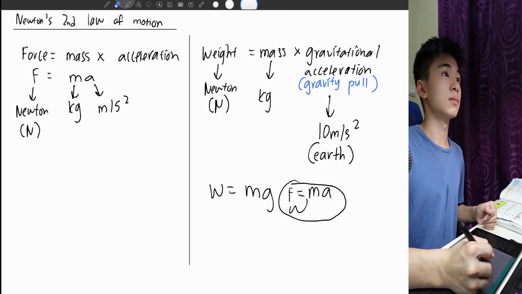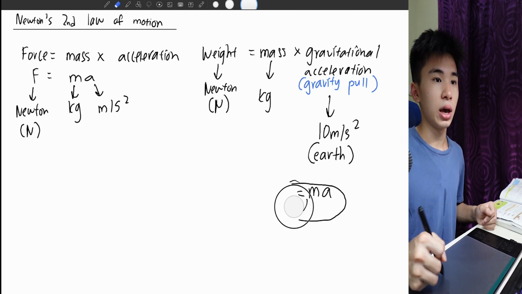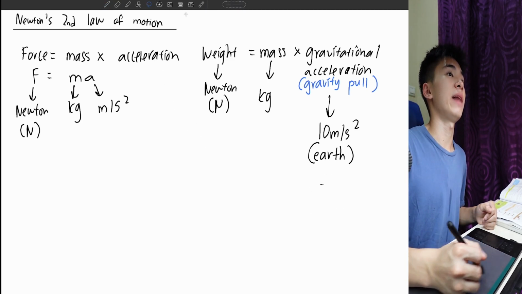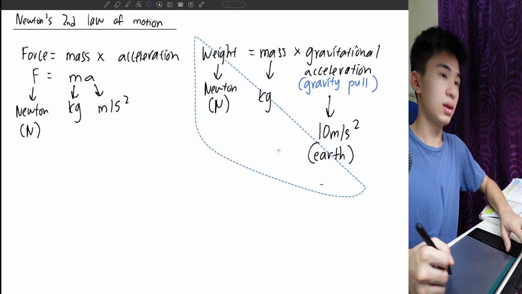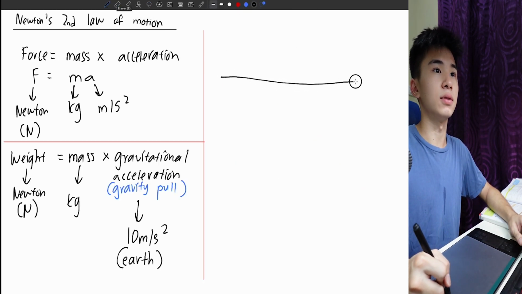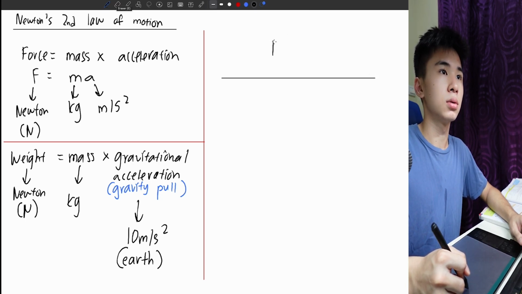Let me erase this first, and we will try an example so that you will enhance your understanding of force. Let's talk about a car first. I will draw a car so that we can visualize it.